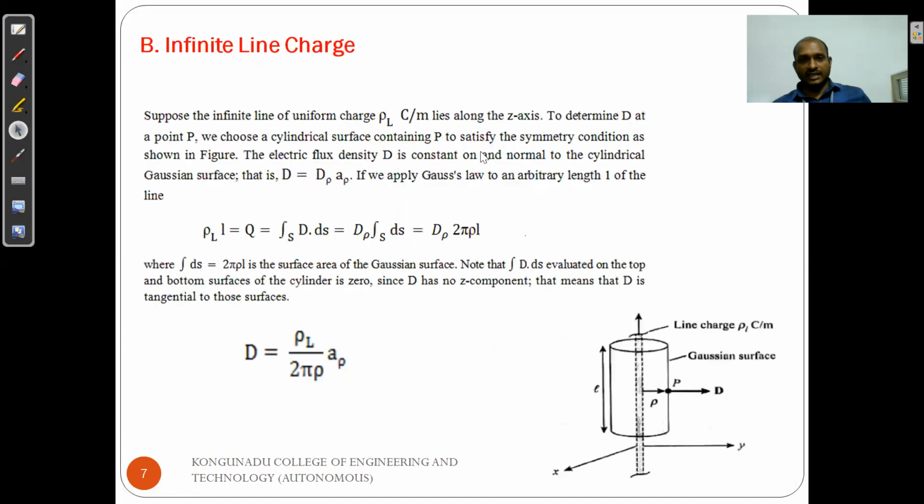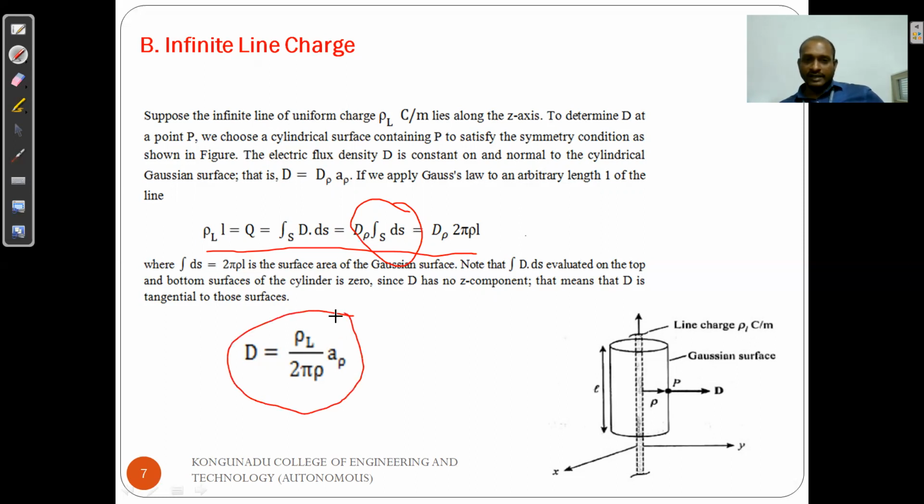So rho L into L is equal to Q, which is equal to surface integral D dot ds, which is D rho into surface integral ds, which is D rho into 2 pi rho L. For the cylindrical coordinate system, integral ds is equal to 2 pi rho L. From this equation, finally D is equal to rho L by 2 pi rho into a rho.